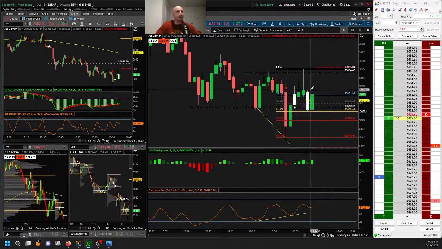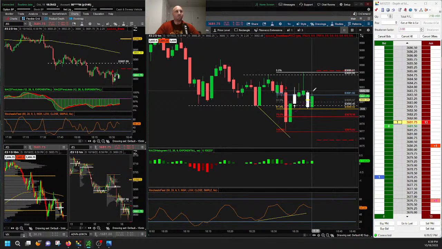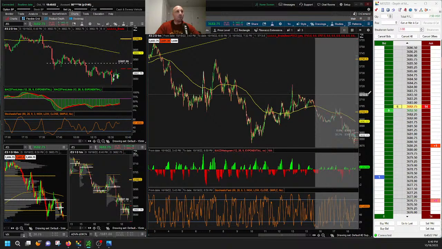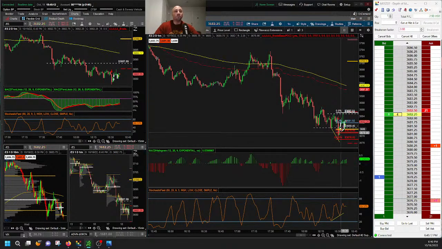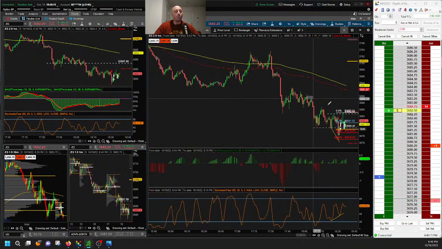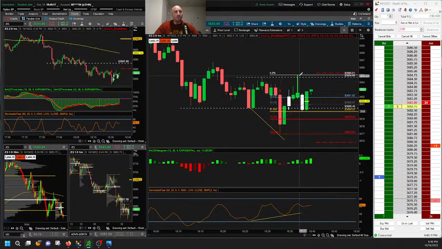Now, if we break above here, because right now we're bearish, right? If we break above, get bullish, because the pullback took out that high. We are now in a bullish thing. And I told you guys, if we take out this high right here, the entire market has changed to become bullish until proven otherwise.